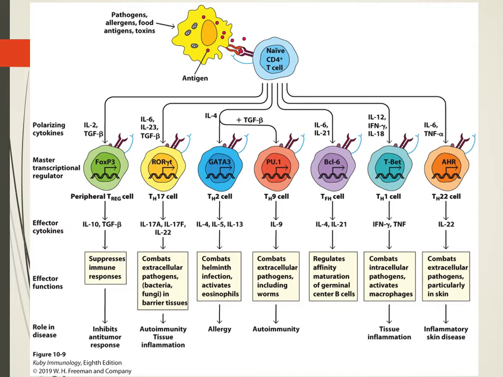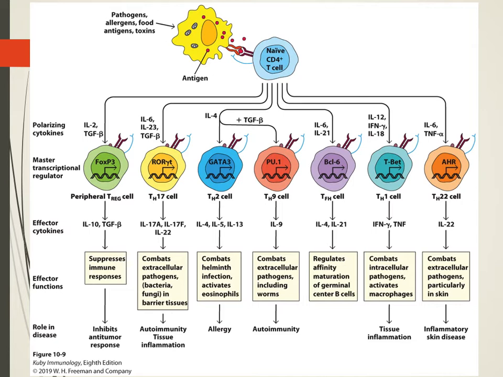But then we get production of interferon gamma, so it kind of feeds into the interferon gamma that's already there, and also TNF. So this is going to help with intracellular pathogens. So that works great because that's what viruses are. It also helps to activate macrophages. And so really important when we have tissue inflammation, and a lot of times when we have a viral infection, we're going to have tissue inflammation because the tissue that isn't virally infected is being damaged.